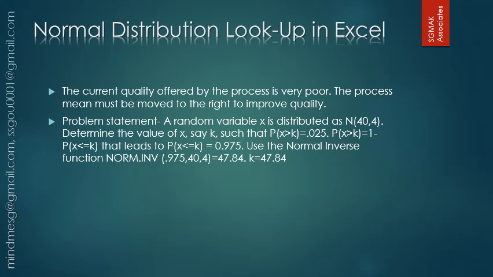So we are looking for a value of k such that the probability x less equal k is 0.975. Now here you have the probability and you want to find the value of the random variable, so you use the normal inverse. We got the probability value 0.975, and mean is 40 and standard deviation 4, and the value comes out to 47.84.